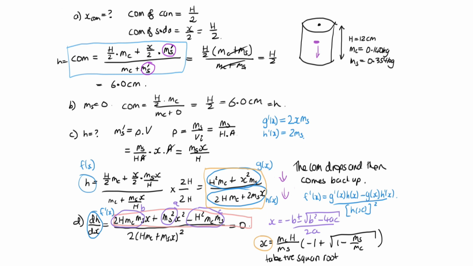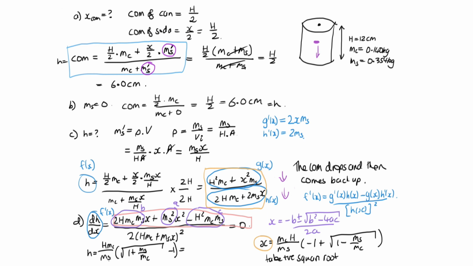And when we do that and simplify, we end up with h equal to the height of the can times the mass of the can over the mass of the soda, times the square root of 1 plus the mass of the soda over the mass of the can, minus 1.